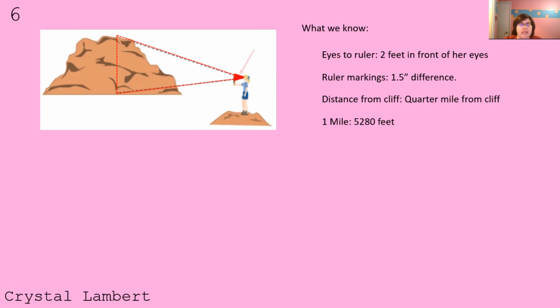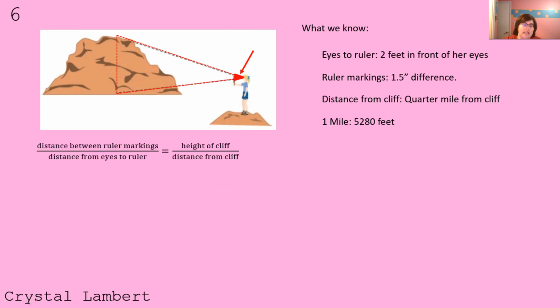The next one includes the distance from Jenny's eyes to the ruler. So as she's looking out at that cliff, it has to take in the ruler. So this triangle from Jenny's eyes to the ruler is one triangle, and then we have the large triangle as she's looking at the cliff.